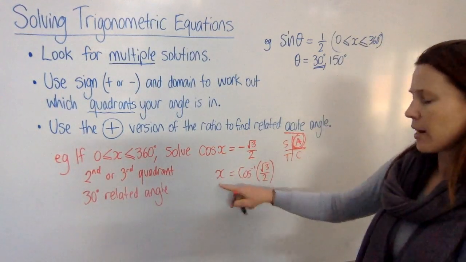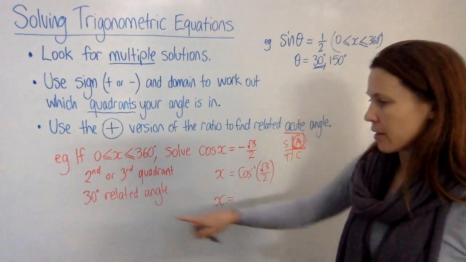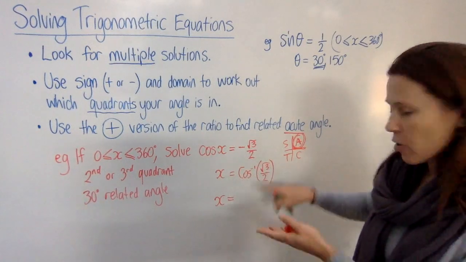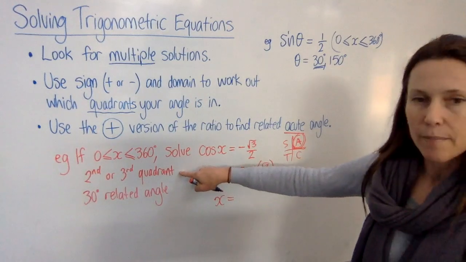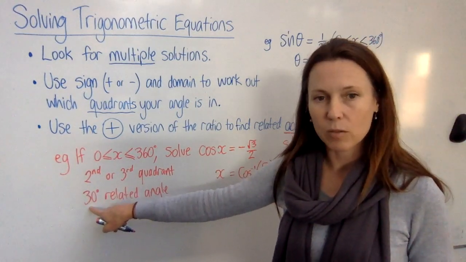And as you then go to write down what x could be, obviously x can't be 30 degrees. We've found the 30 by doing inverse cos of √3 on 2, but you can't just blindly go writing that down because we've already said the answer must be in the second or third quadrant using this 30 degree related angle.